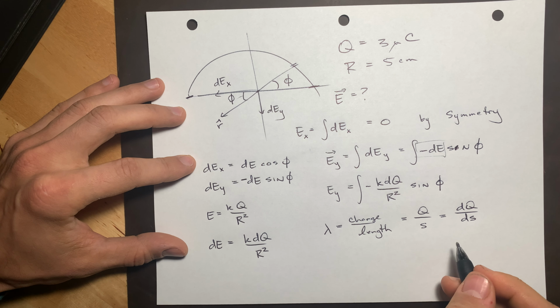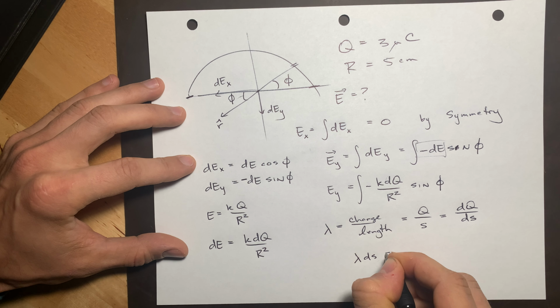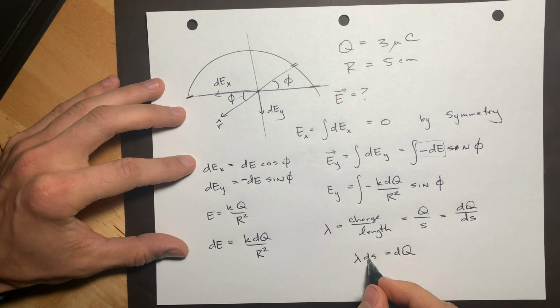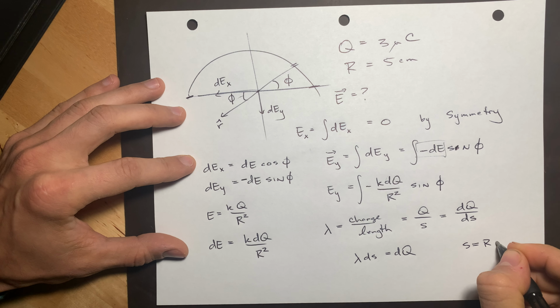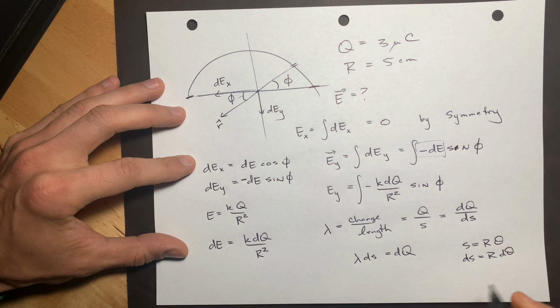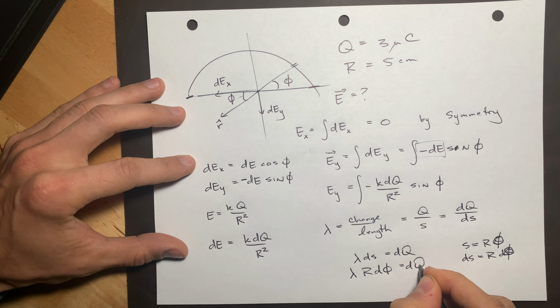Multiplied, so we say lambda ds equals dq, and then realize that, I know this is getting into the weeds here, but arc length equals r times theta, so ds equals r times d theta, or phi, whatever you want to say. So now lambda r d phi, just make this a phi to match our earlier angle, equals dq.